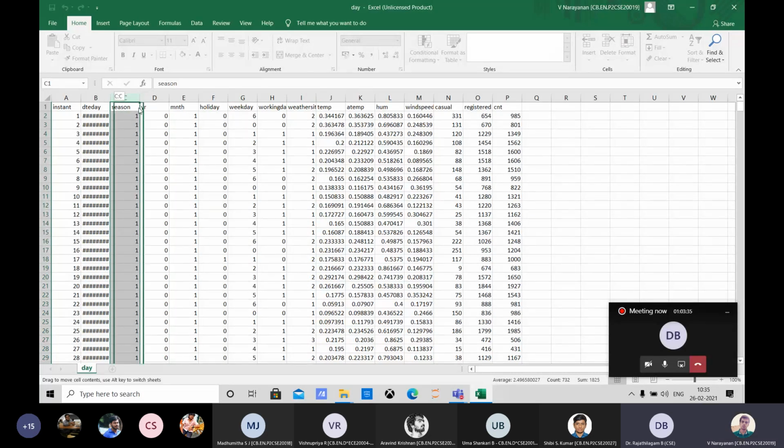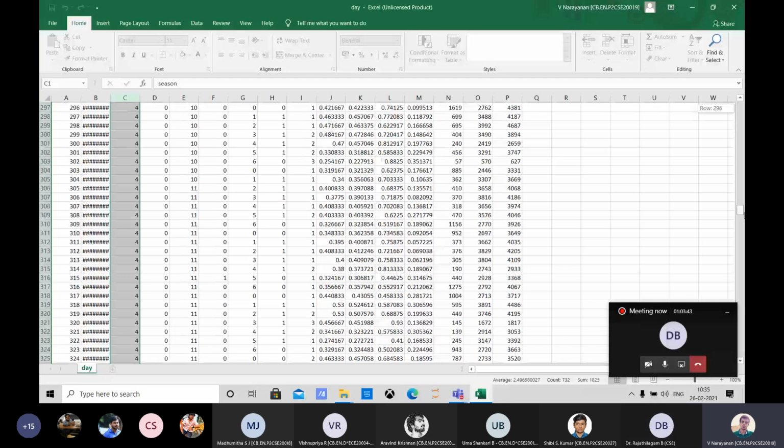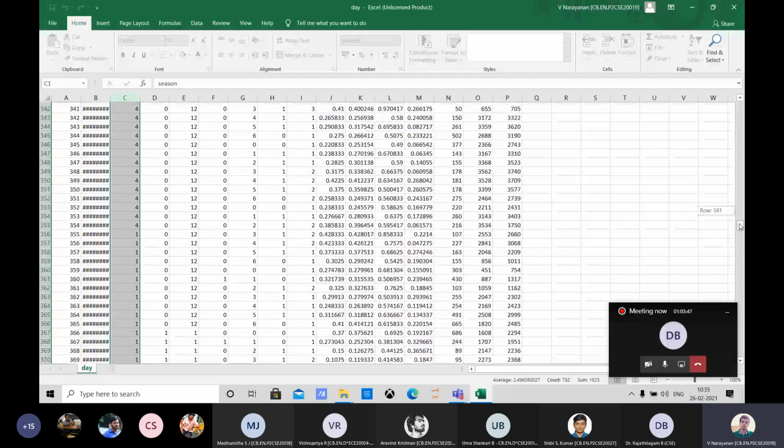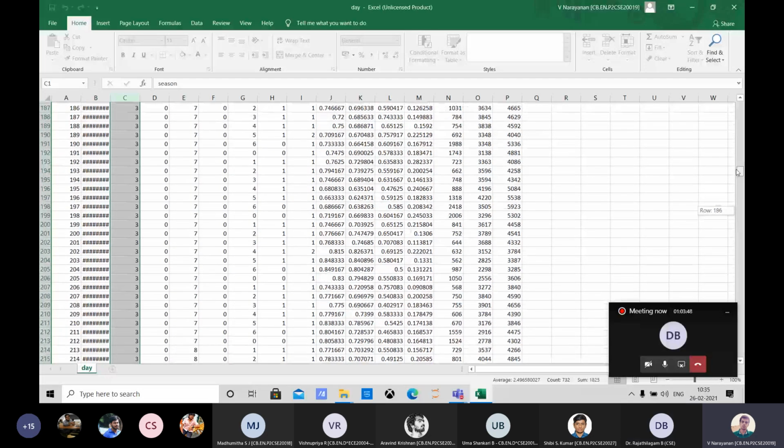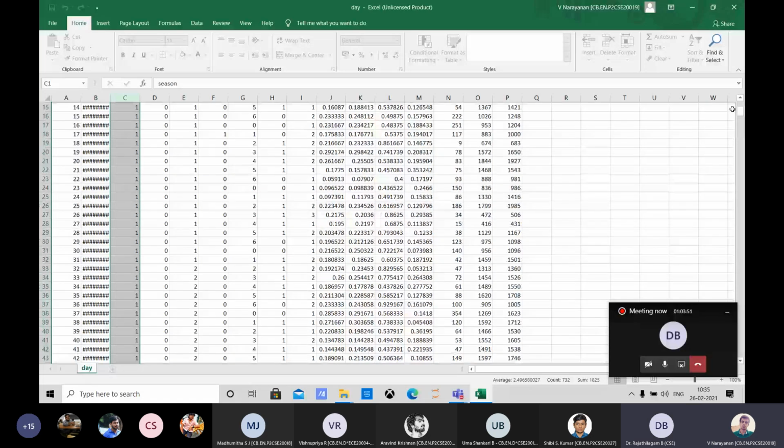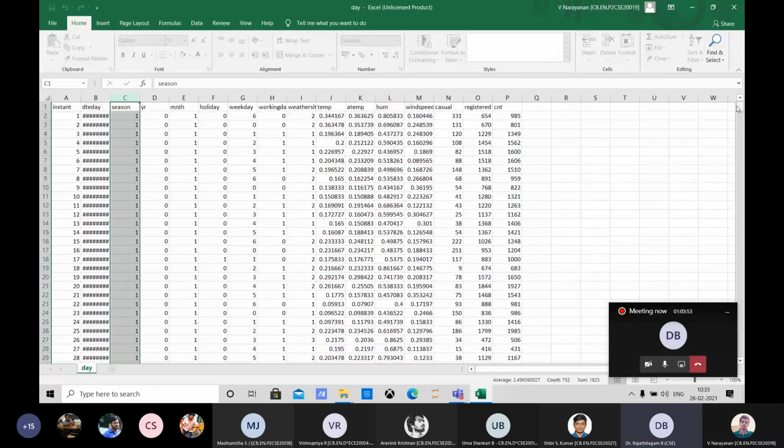There are 4 seasons of the year: summer, winter, autumn, spring. Okay, so we can consider that. So consider the ith column which talks about the weather.